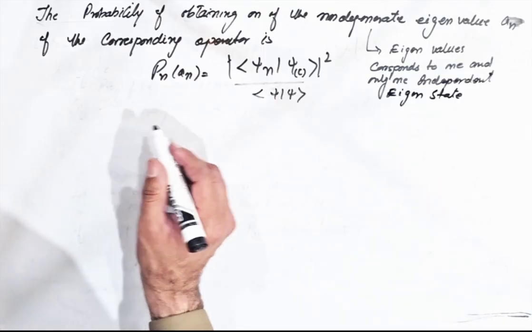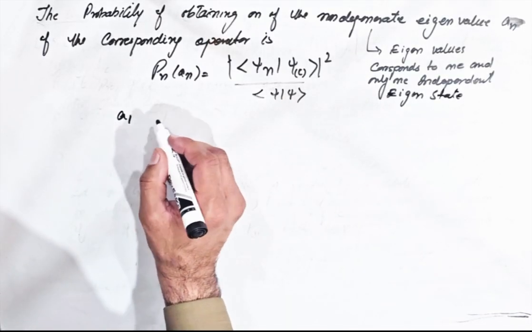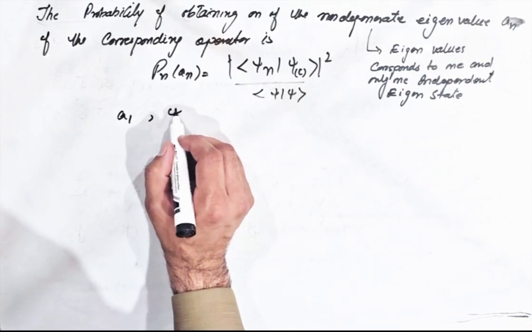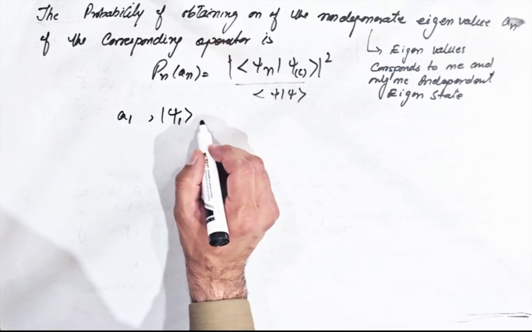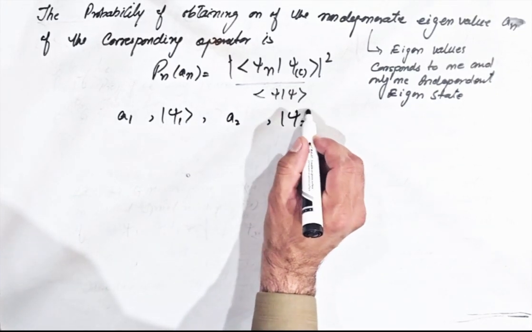This means, for example, eigenvalue a1 corresponding to eigenstate psi 1. Similarly, a2 corresponds to eigenstate psi 2.